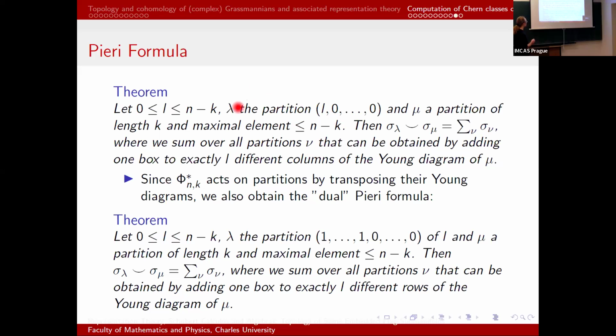So if we have the row partition of length L and mu is a general partition of length k and maximum element n minus k, so it defines a Schubert cell in Gr n, k, then the cup product is the sum of the Poincare duals of those partitions which can be obtained by adding L boxes to the Young diagram of mu, each box to a different column.